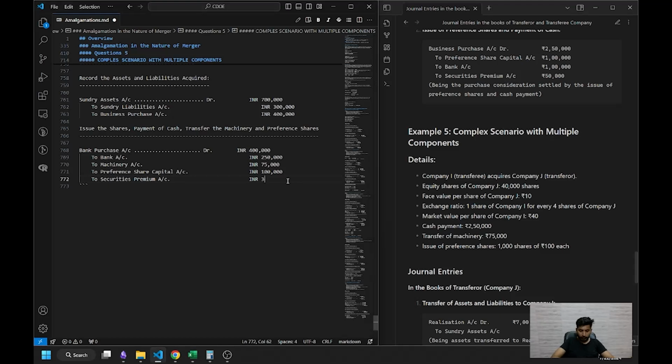The amount will be rupees 3 lakhs only. Business purchase will be of rupees 4 lakhs. That means the remaining will be the goodwill, which is missing.